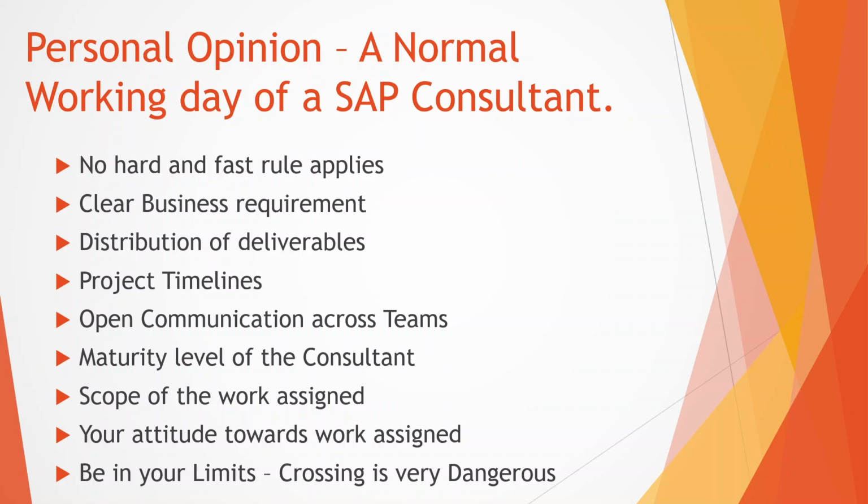And you should be able to accept all these differences. Another important thing to note is that you should have very clear business requirements. If your requirement is not clear, then delivering the assigned job is very difficult. That creates lots of stress and anxiety within the project team, which is not good. Then one person should not be overloaded.